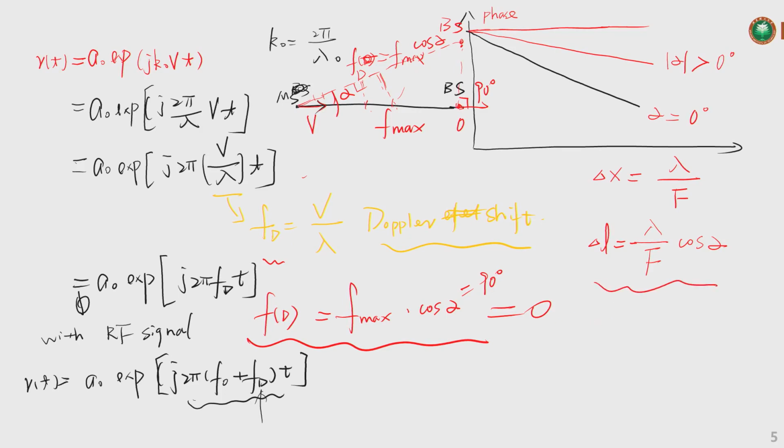When alpha equals 90 degrees, there would be no sampling point, no movement towards the base station. So delta L equals 0, and the Doppler shift becomes 0 also.